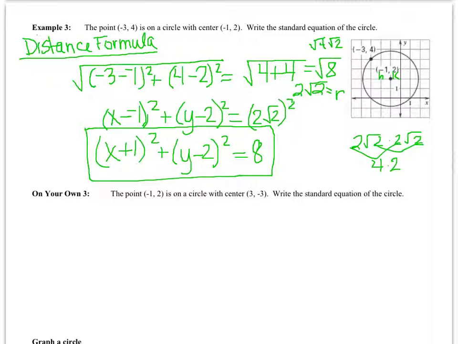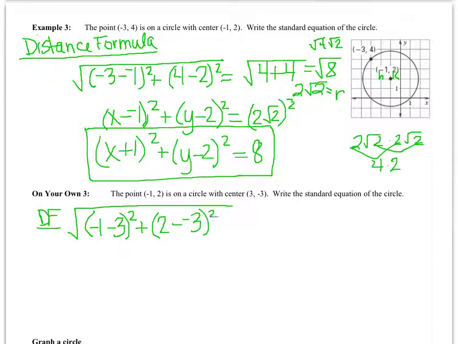So pause it and try the next one on your own. Okay, so first you'll use your distance formula. We'll do the square root of the first x minus the second x squared, plus the first y minus the second y squared.